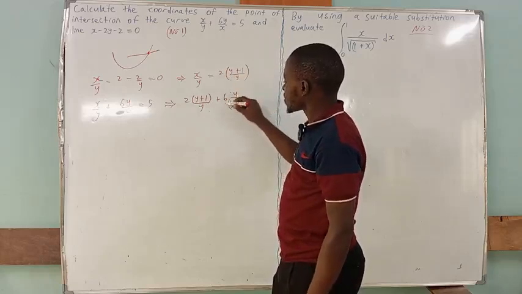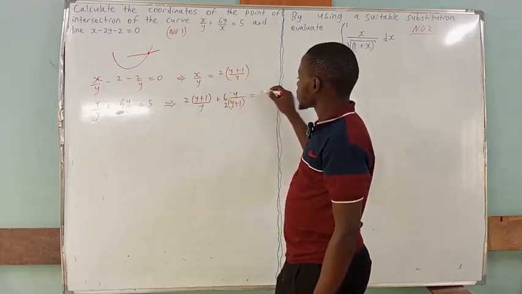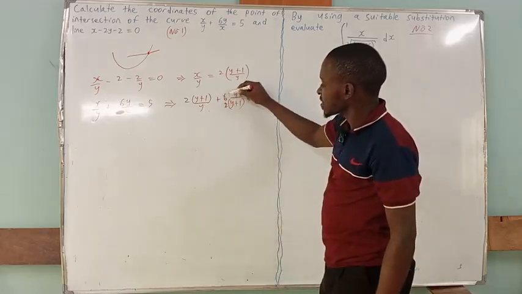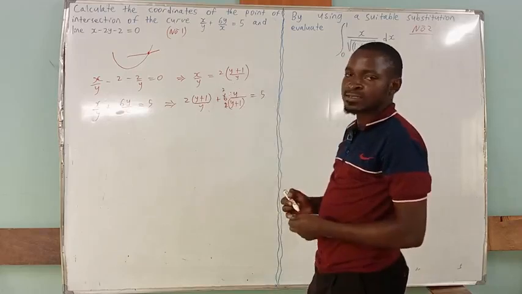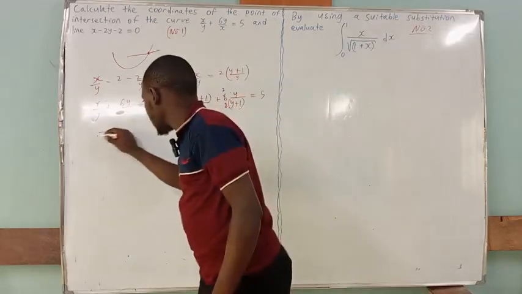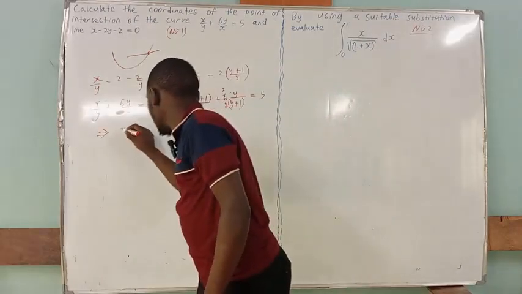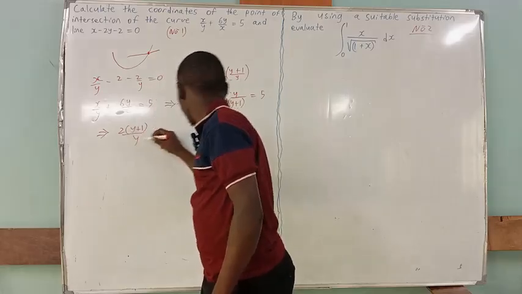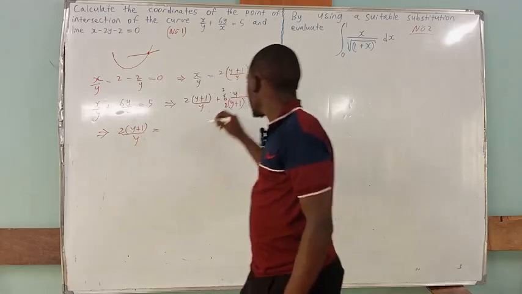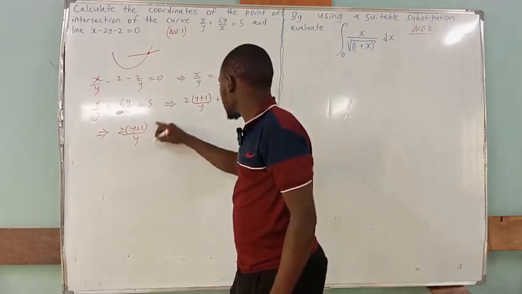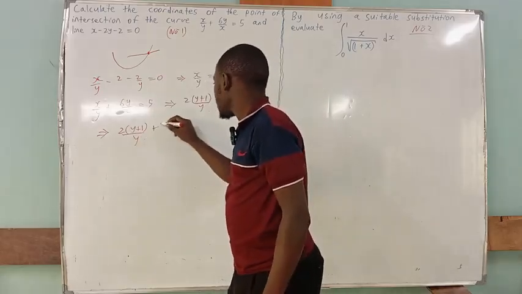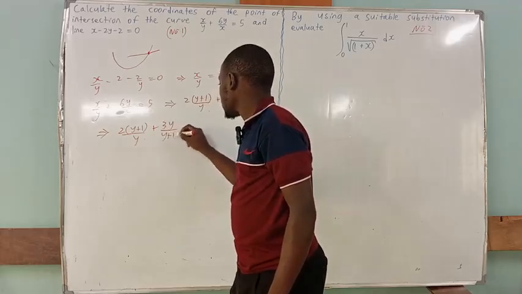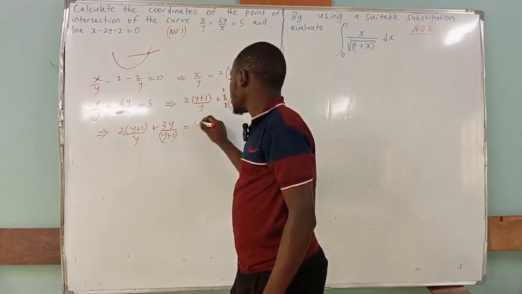But there is this 2, then it is equal to 5. Then this 2 reduces with this 6, we remain with 3. So therefore, we get 2 into y plus 1 over y, plus 3y over y plus 1 is equal to 5.